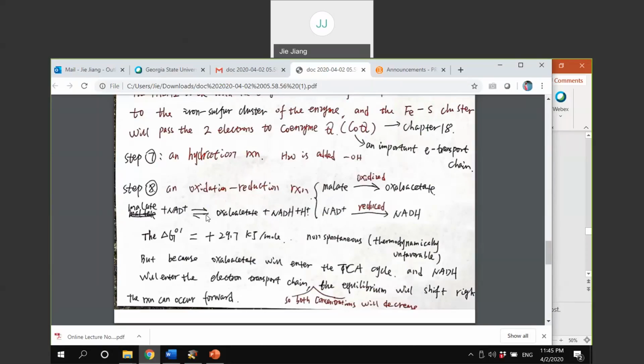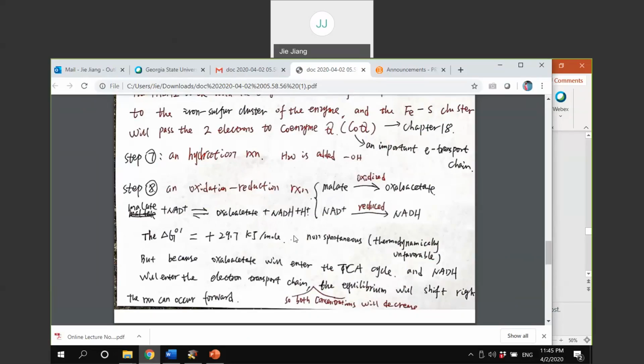According to Le Chatelier's principle, when the concentration of products decreases, your equilibrium will shift to the right. So that drives this reaction to occur forward. And since it's in a biological system, this is going to continue and continue. That is what drives this thermodynamically unfavorable reaction to take place.